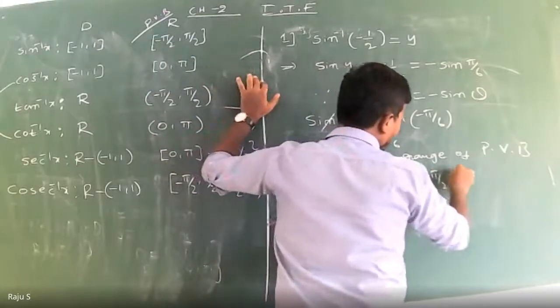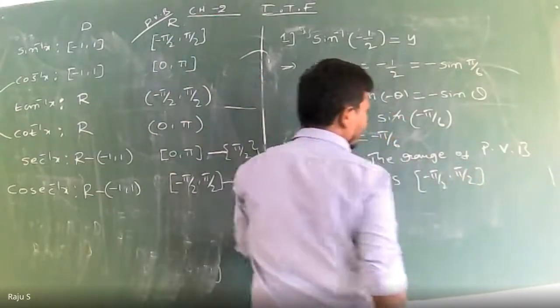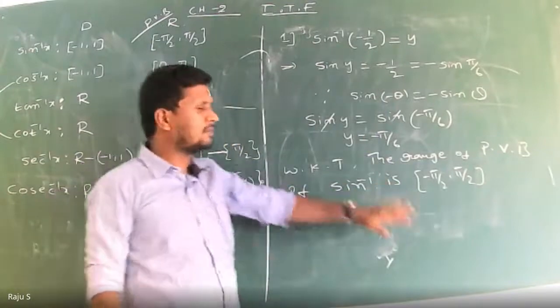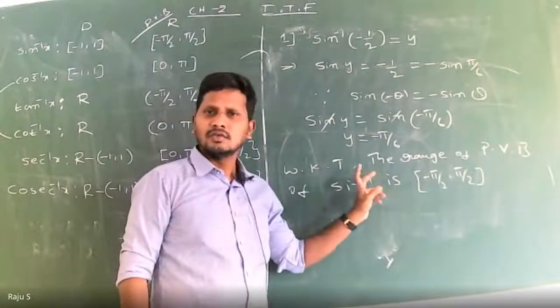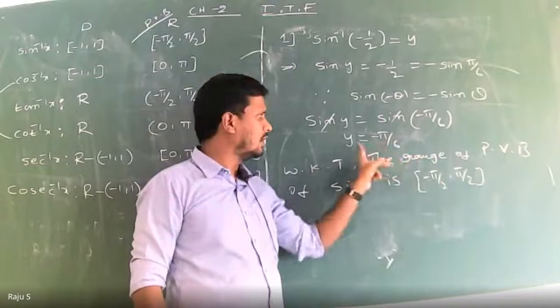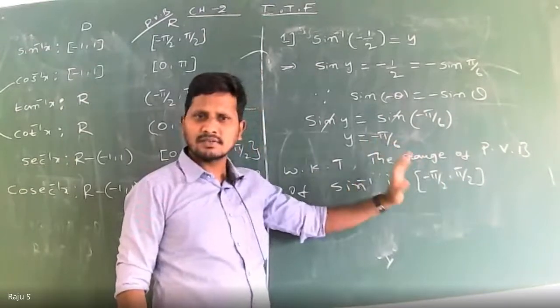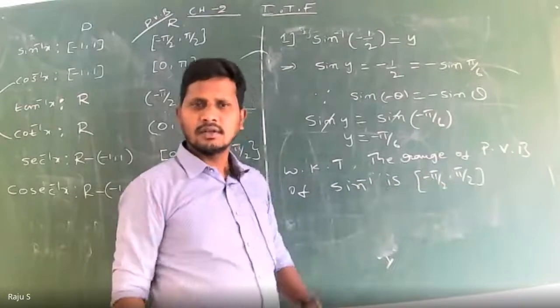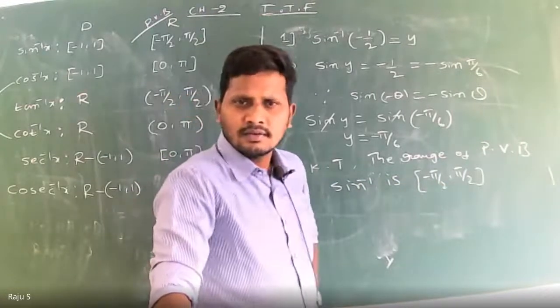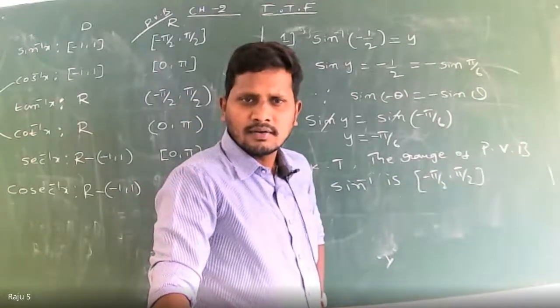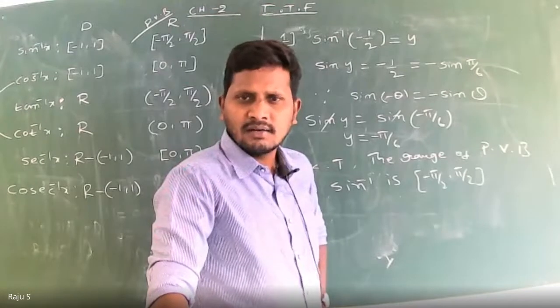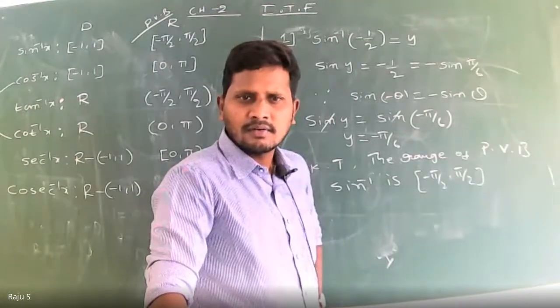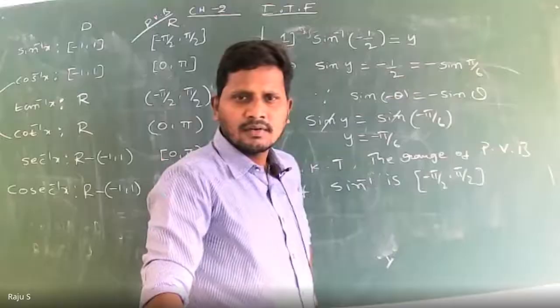Minus 90 to 90. This is the principal value branch of sine inverse. So is y equal to minus pi by 6 in this interval or not? Yes, it belongs to the given interval.